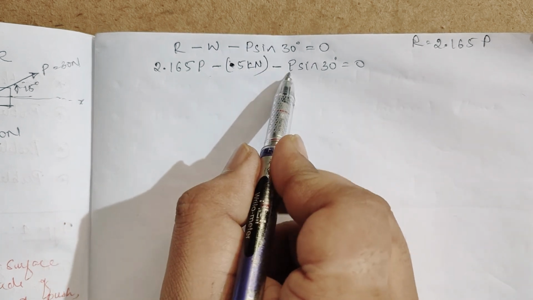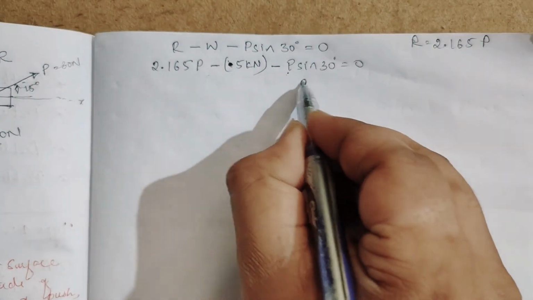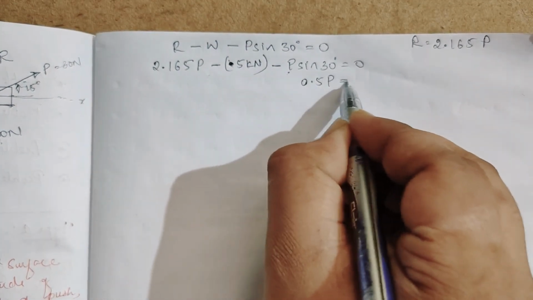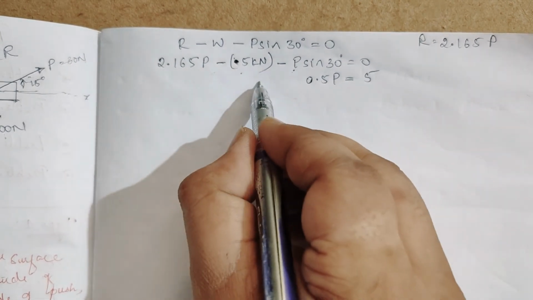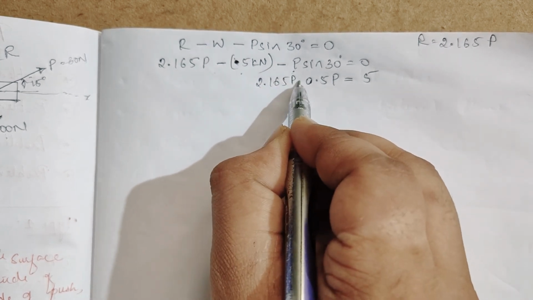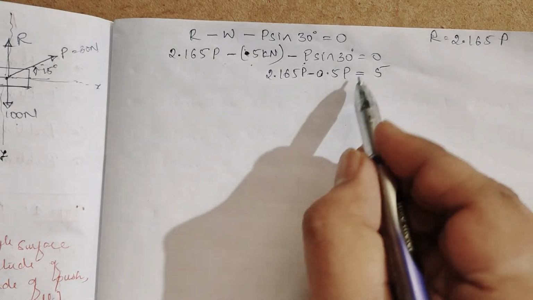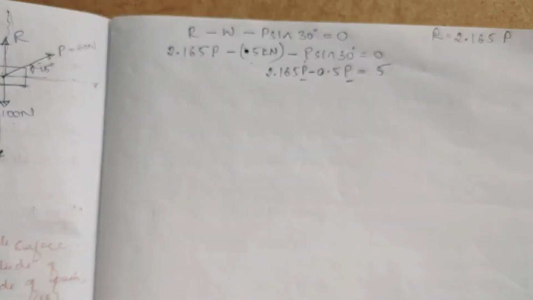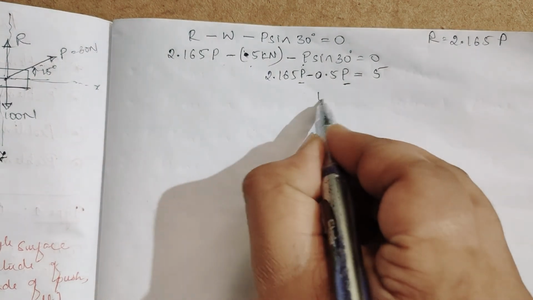Okay, what I do is, sin 30 is 0.5, so 0.5 P is equal to this 5 kilonewton, I will transfer to this side. Then I have 2.165 P minus this one, so these are both like terms P, so 2.165 minus 0.5 is 1.665.